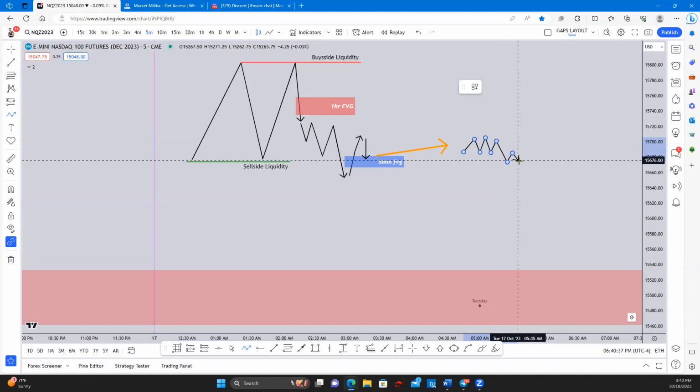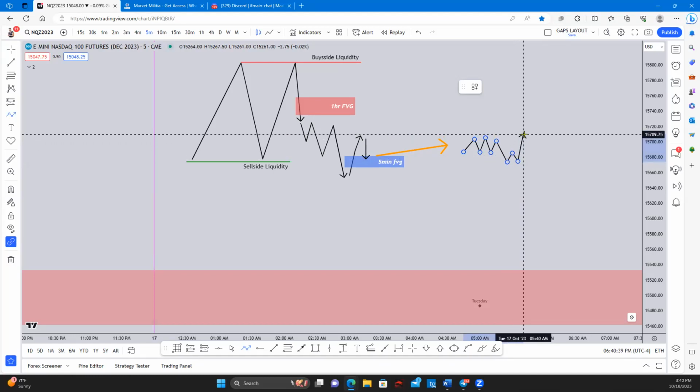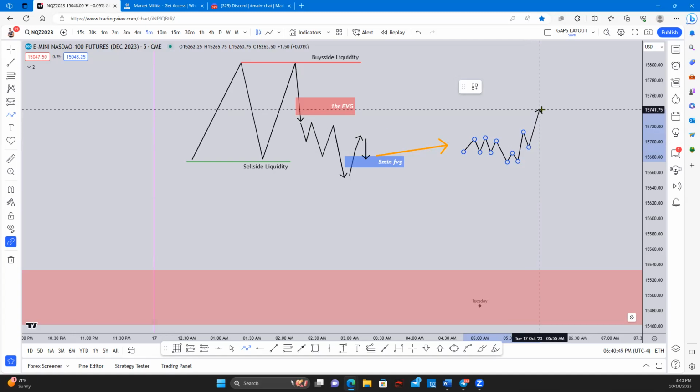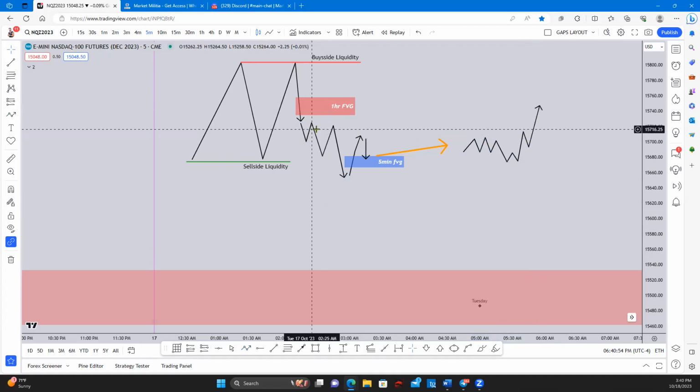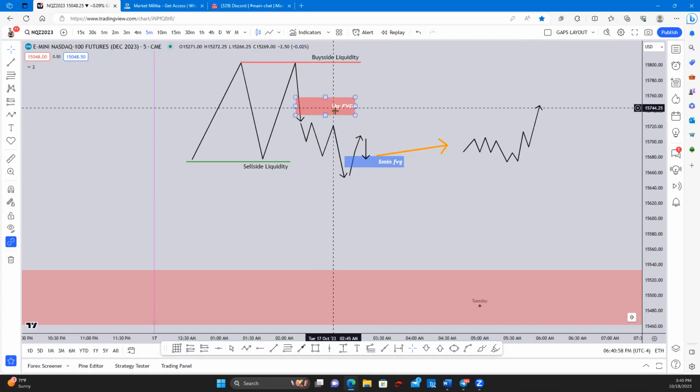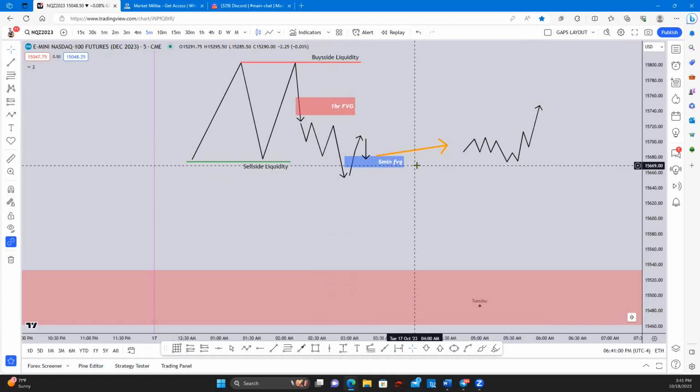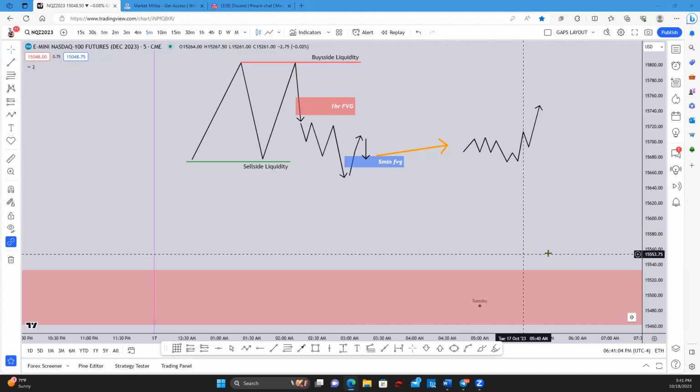Then we're going to get displacement above, breaking market structure, creating a 1 minute or 30-second fair value gap. And then we're going to go for the next nearest draw on liquidity, which would be these highs or this 1 hour fair value gap. So let's get into some examples.